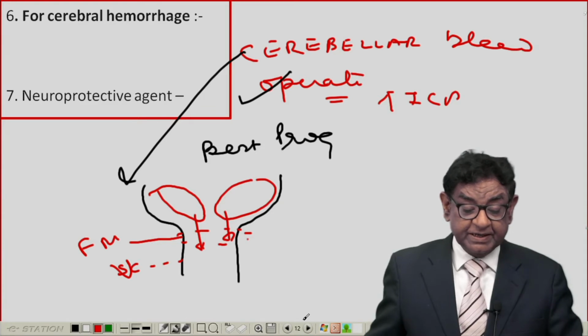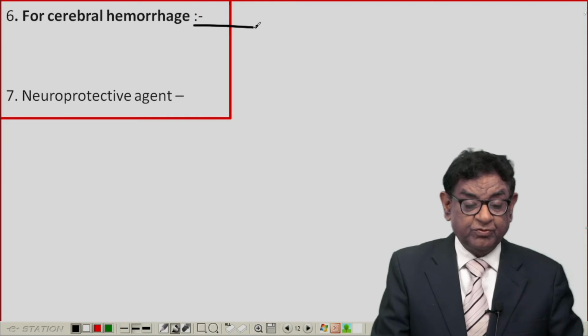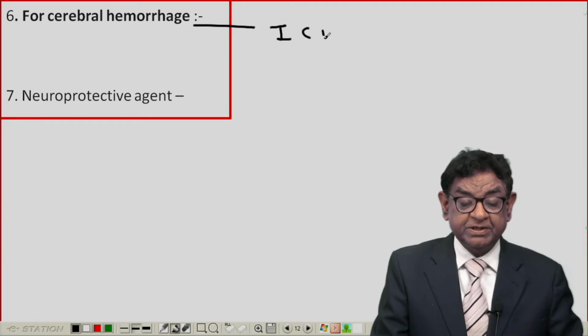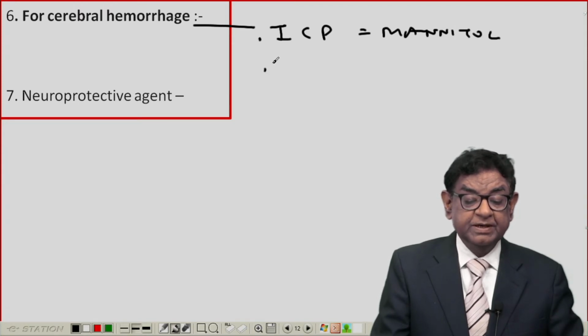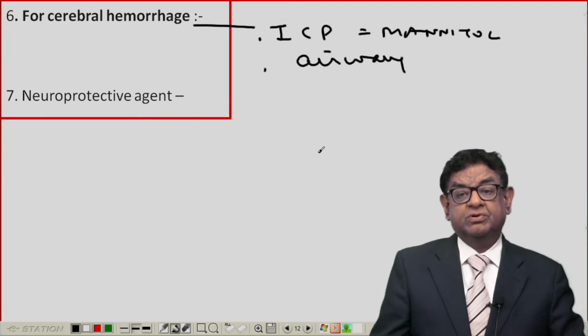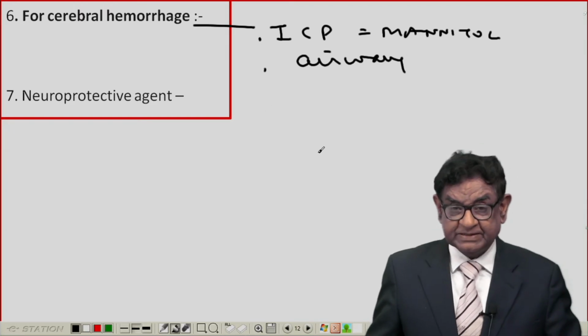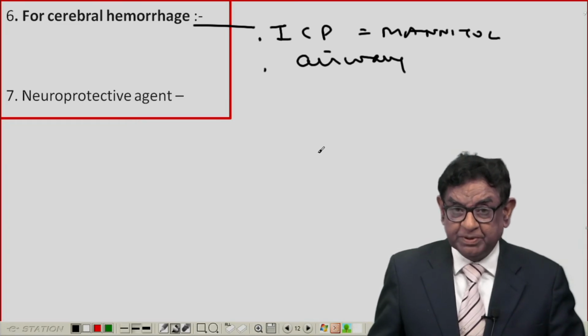Well, in a routine case of hemorrhage, we have to look for the intracranial pressure to be controlled. Mannitol is given. Airway has to be protected because they go into coma very fast because of raised ICP, and all other supportive treatments should be done.